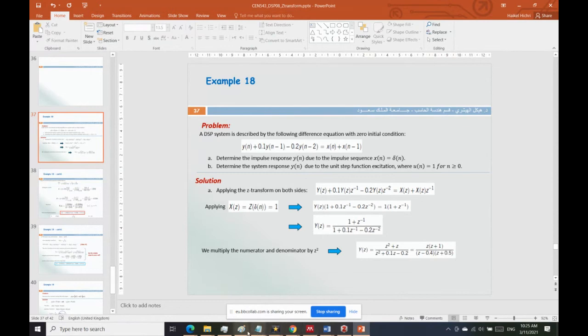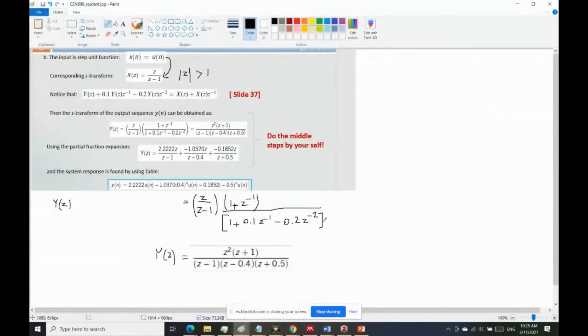So that's what we did here. We factored it the same way. And in this part you have z minus 1, and the z went here.